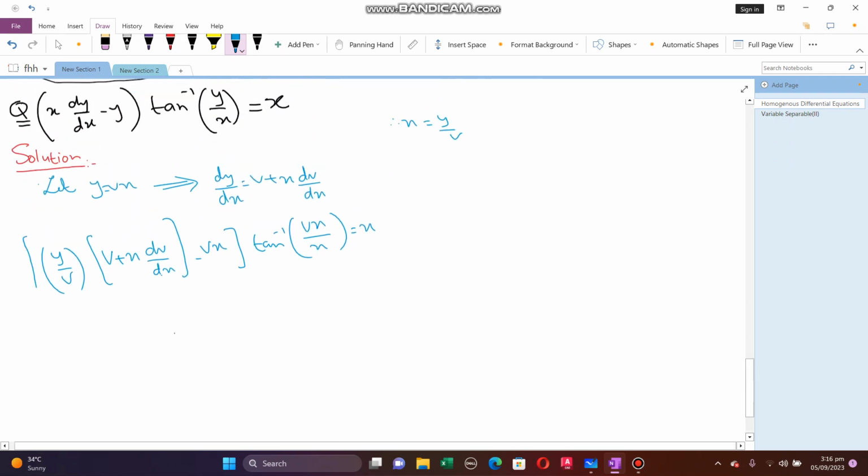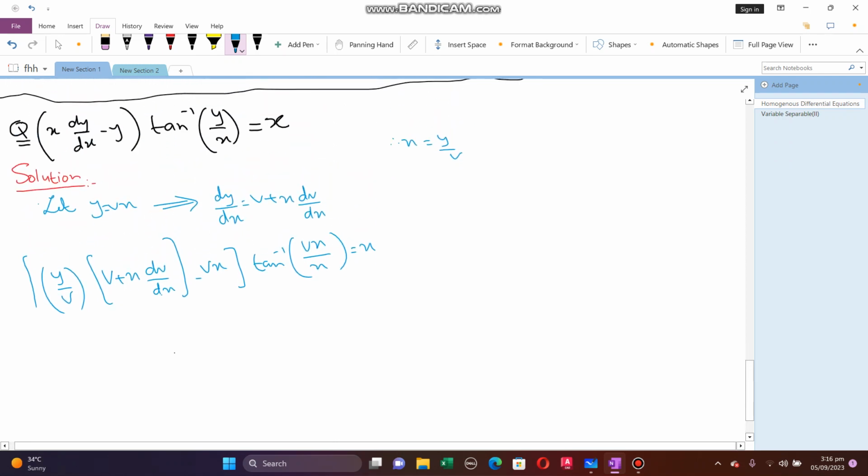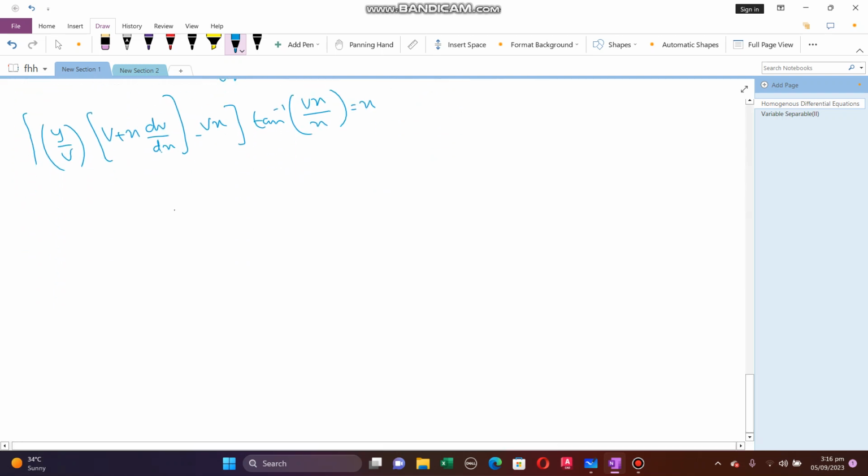It leads us to a state where this x can be taken outside, ultimately dividing both sides by x.